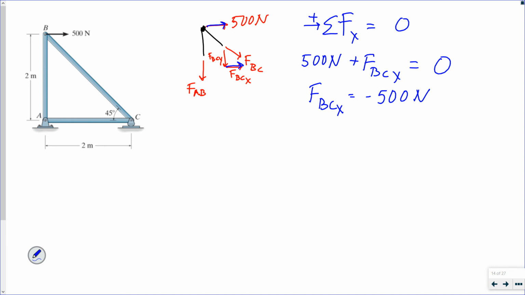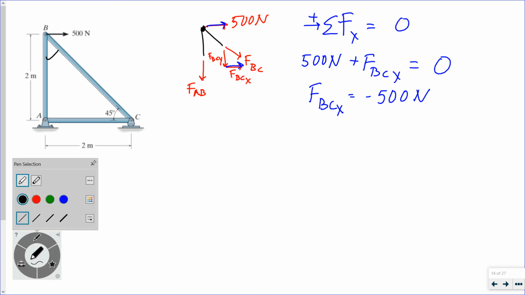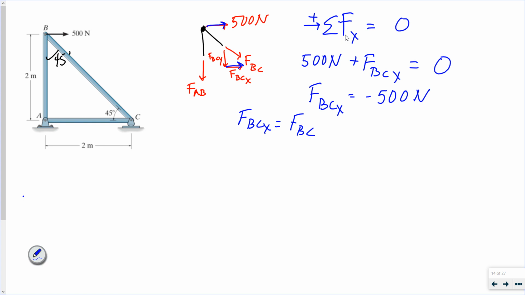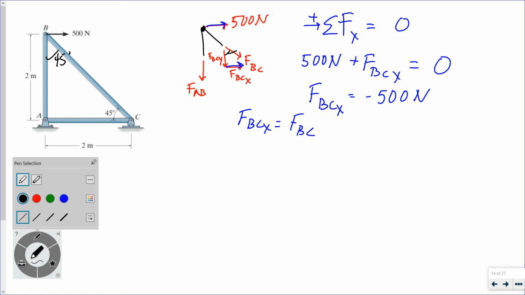It's a 45-degree angle, so this is a 45-degree angle. So FBCX is FBC, right? If this is 45 degrees, of course it's 45 degrees, so it doesn't matter if you really use sine or cosine, but you know, FBC times sine 45 degrees.